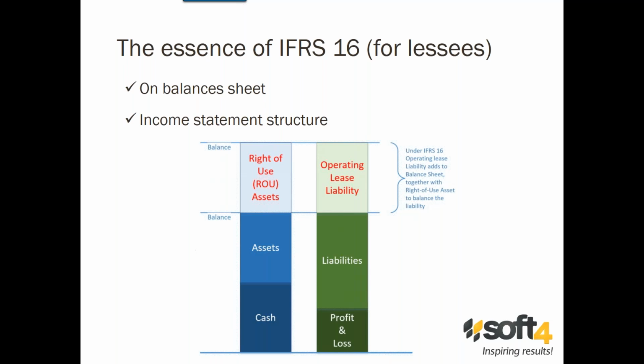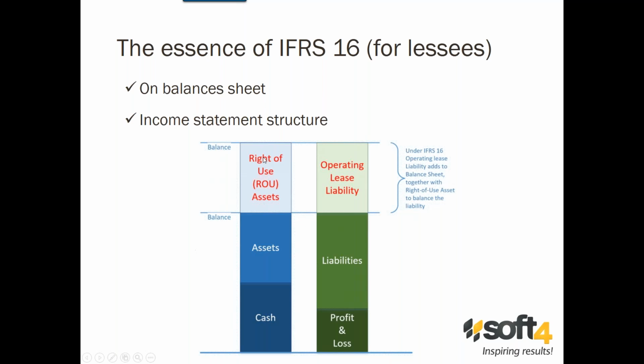Under the new standard, your operating leases and rentals must be reported on the balance sheet, which was not required before. In this picture, this balance line is what you had under the old IAS 17 standard, and under IFRS 16, you would need to disclose your operating lease liability and right of use assets on the other side.